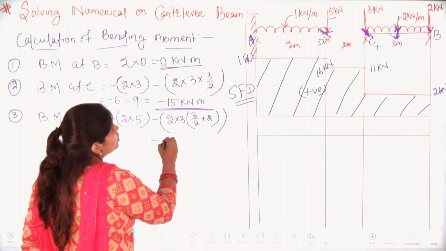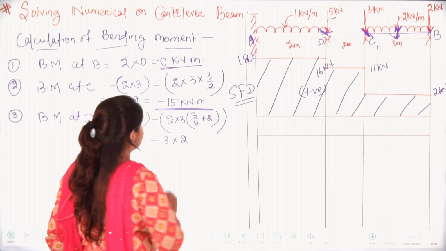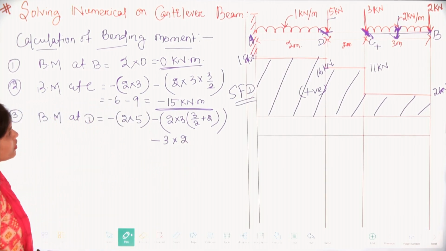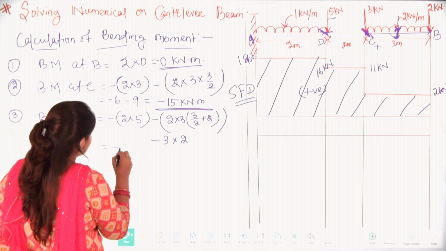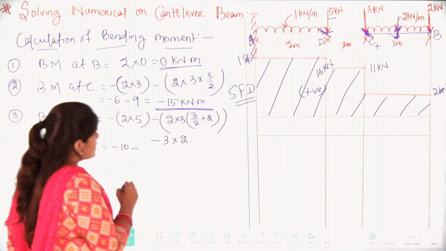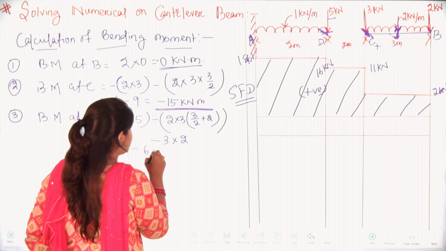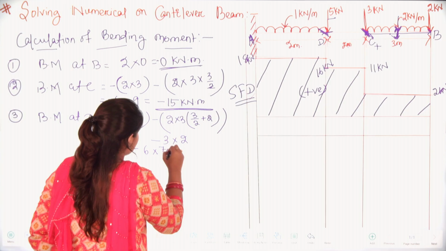Again, minus of 3 into 2. So we have minus 5 into 2, that is minus 10, minus 6 into 7 by 2, minus 6.